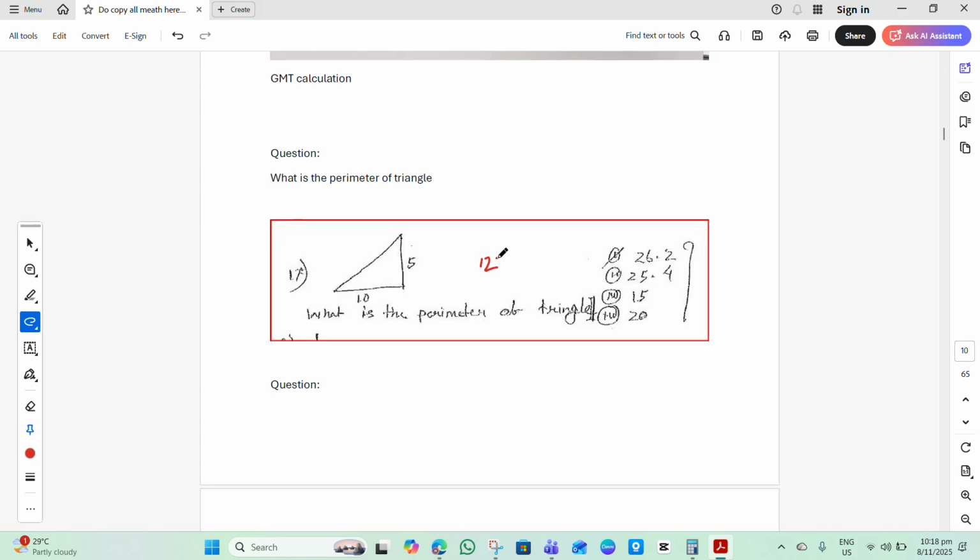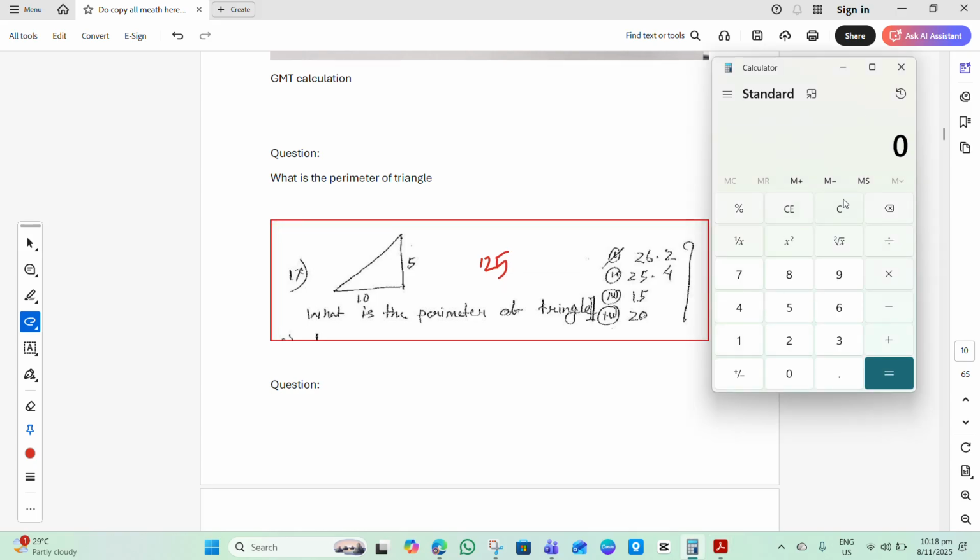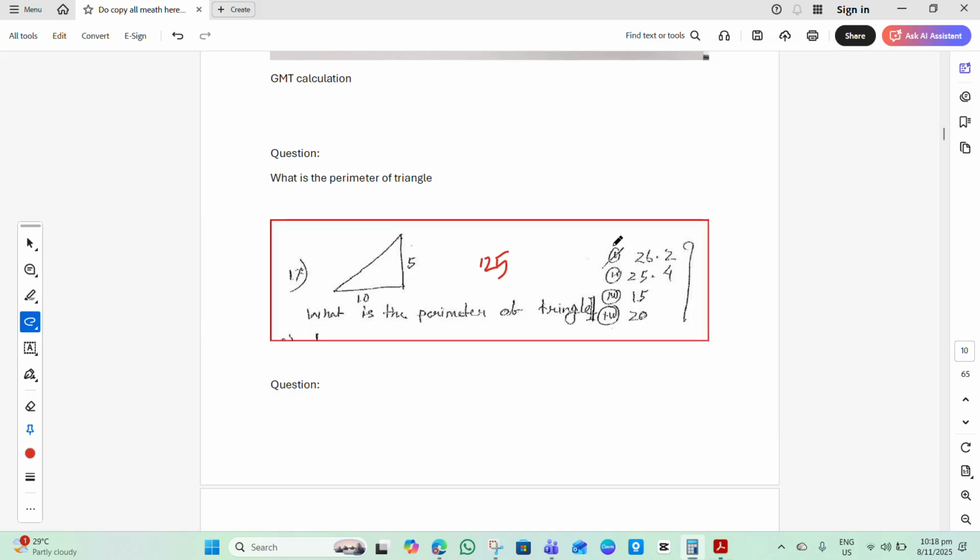The square root of 125 is 11.18. So 11.18 plus 5 plus 10 is 26.18. The answer should be this one.